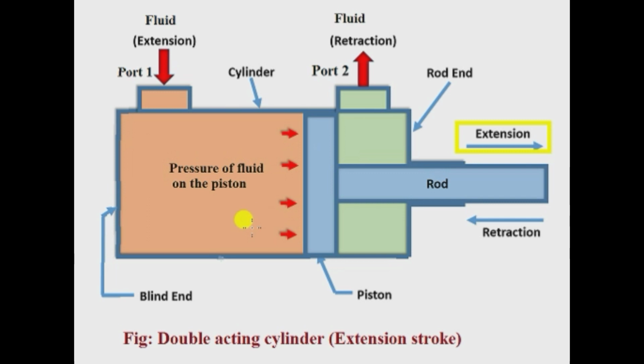The exhaust fluid from the previous stroke present at the blind end side, that is here, will go out of the cylinder through port 1. And parallelly the fresh fluid supply at port 2 stops.